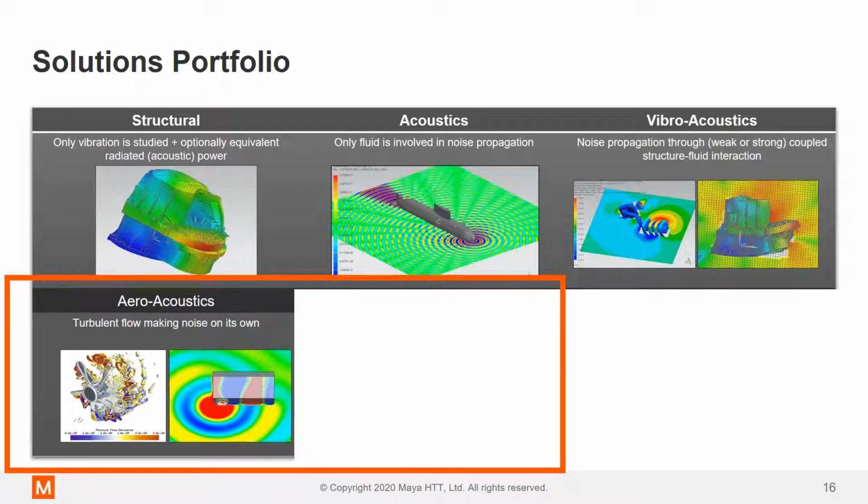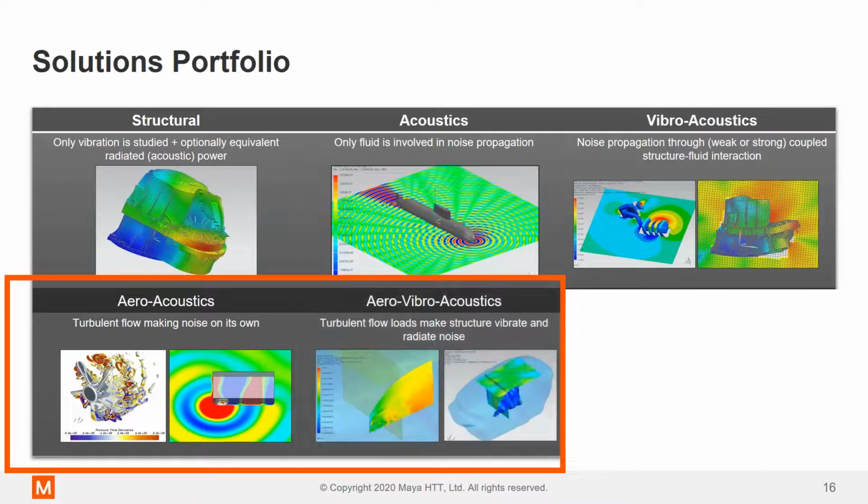Now, another flow-induced noise and vibration application, as I mentioned before, is aero-vibro acoustics. Here, the flow imposes a fluctuating pressure on a structural surface, making the latter vibrate and radiate acoustic energy, like wind noise in a car or a train or a plane, even pump noise. We can simulate these sorts of problems through a combination of Simcenter Acoustics and Simcenter STAR-CCM+.